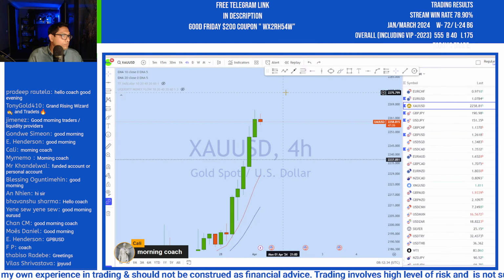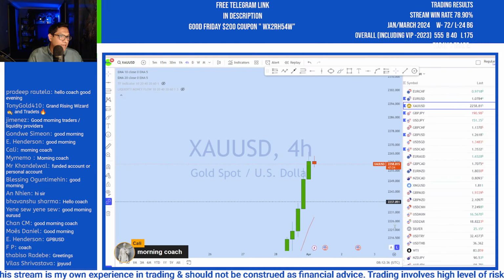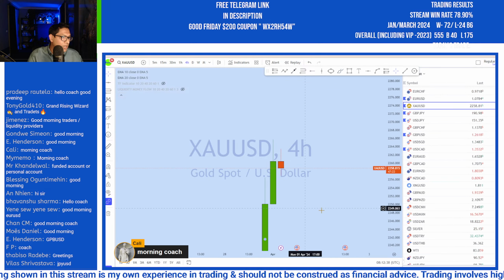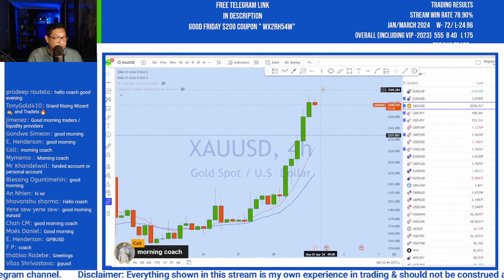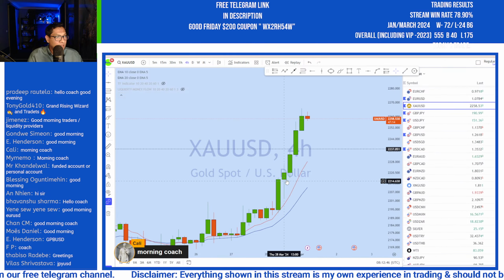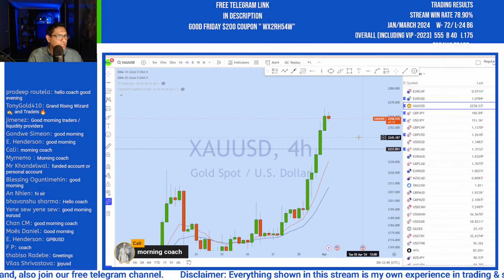And what we can see here on the 4-hour is a wickless candle, and also another wickless candle. Back to back 2 wickless candles here is a sign that this market is very strongly bullish on gold. Now if I look at this overall structure, guys, what do we see? That here is a very strongly bullish market.